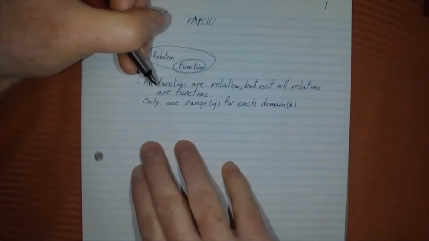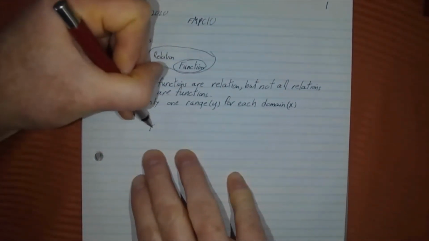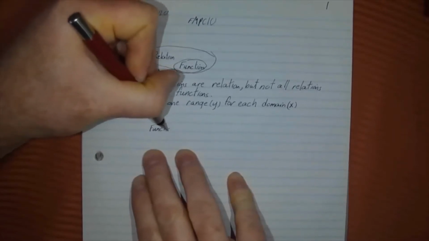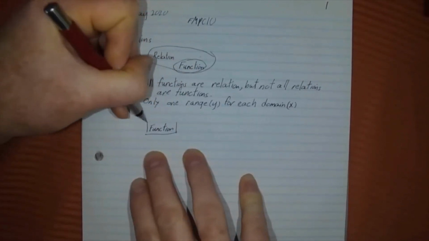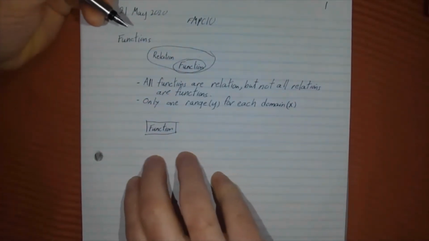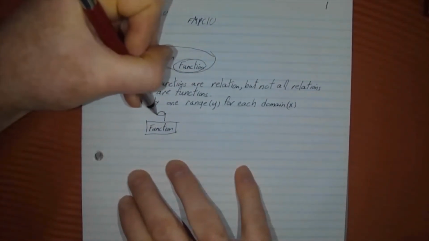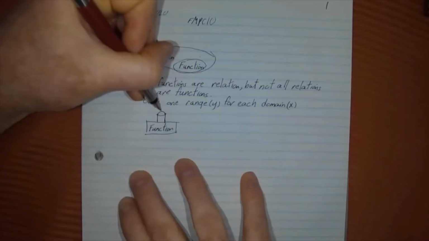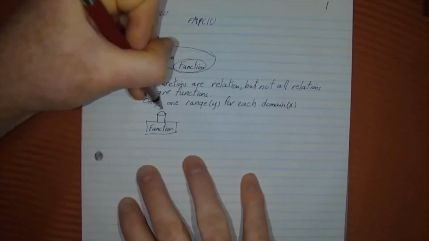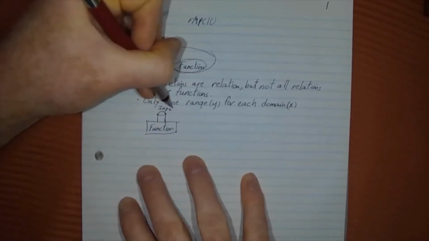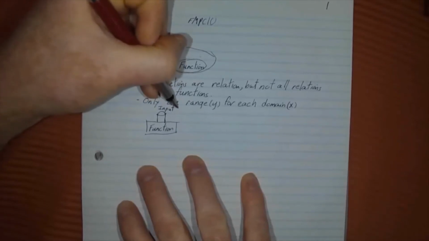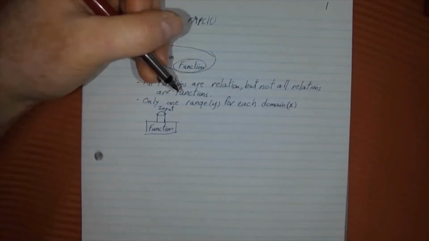Okay. You can think of a function as a machine. We have our little function machine here, and to every machine you need to put something in. Let's say I take my toaster oven. It's my function.